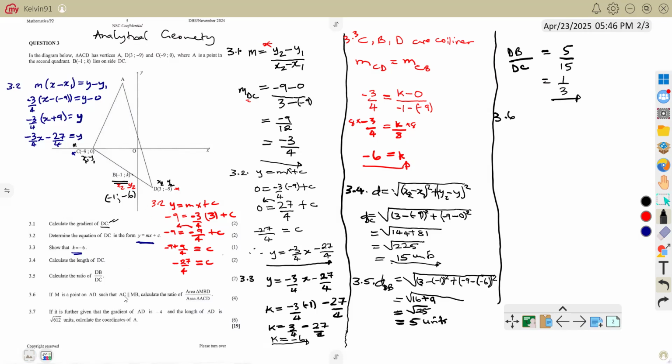But you are told that AC will be parallel to MB, meaning we can put the point here, such that this line is parallel to that line. Then the question: calculate the ratio of the area of triangle MBD to the area of triangle ACD.